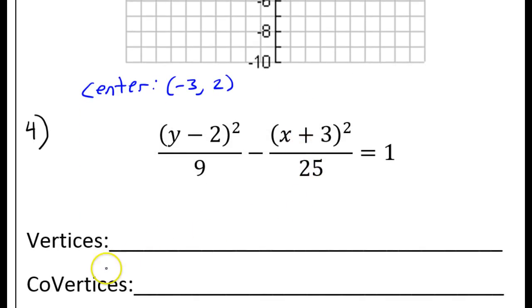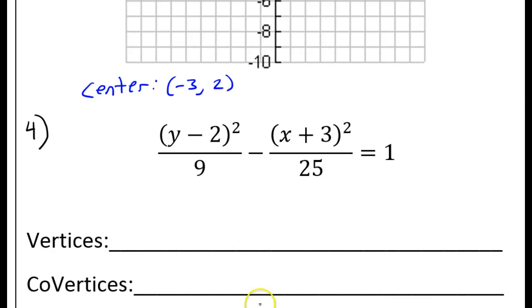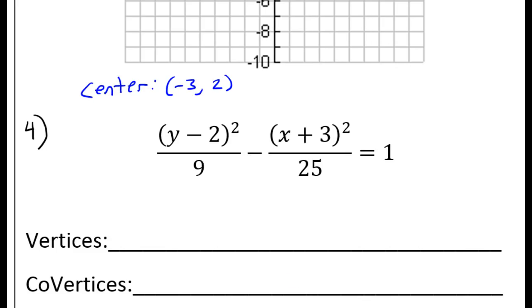Next, let's find the vertices of the hyperbola. Now, when we are dealing with ellipses, the vertices always come from the bigger number. That's not how hyperbolas work. For hyperbolas, the vertices always come from the denominator of the positive term, which should be in the front.